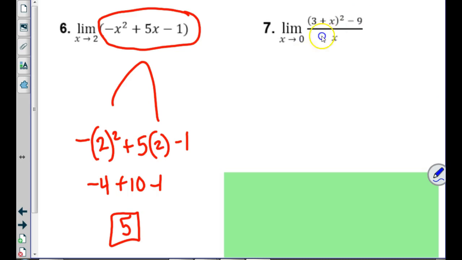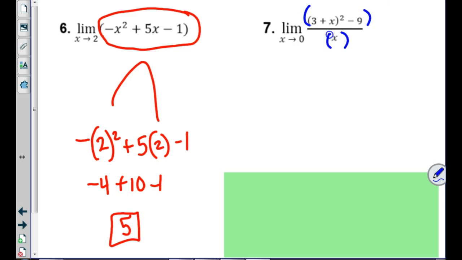Okay. Can I put a 0 in here? No. This is a mess. Let's do this one by graphing. I'll show you that you can do it algebraically, but what would we need to be able to do it by graphing? Can everybody please do this one? Humor me. You need an extra parenthesis around the top, right?